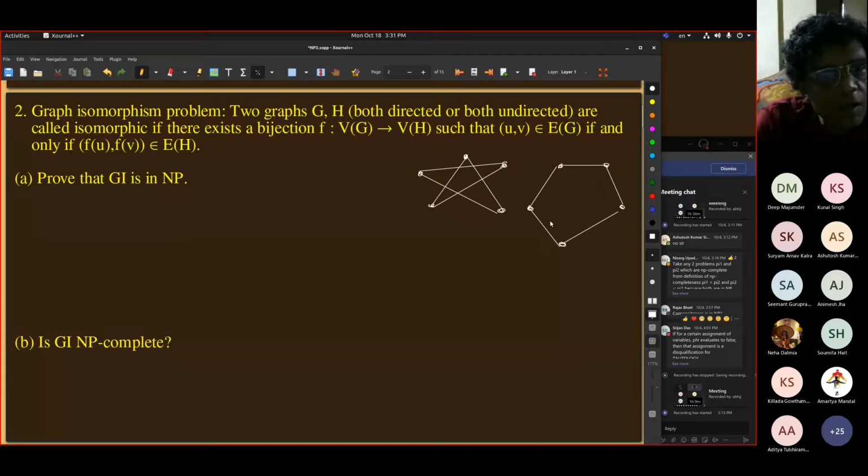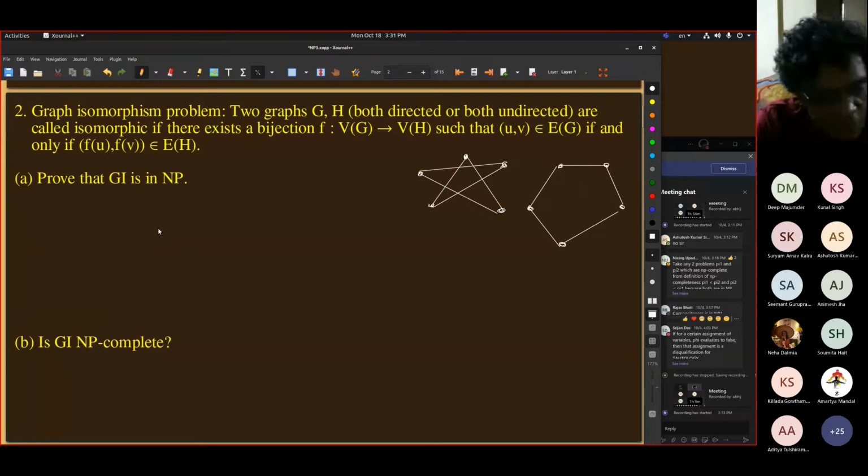GI is the graph isomorphism problem. Why is it in NP? Whenever you want to prove certain thing is in NP, there are two ways.